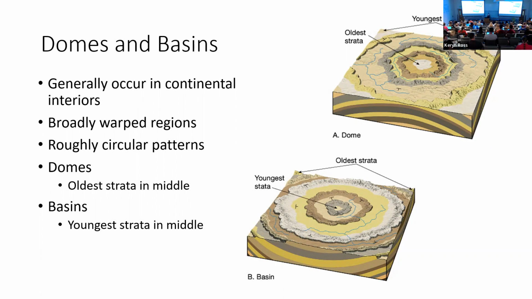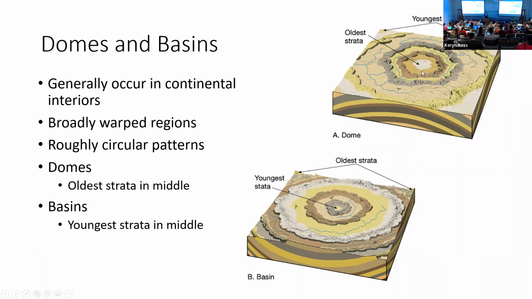The way to tell the difference is, if it's a dome, it's going to be like an upside down bowl, and that means everything is going to dip away from the middle. If it's a basin, everything is going to dip towards the middle, like a regularly shaped bowl. But a lot of times it's really hard to tell which way something is dipping. Maybe you don't have very good exposures, maybe all you have is a satellite picture and you really can't tell what the dip is.